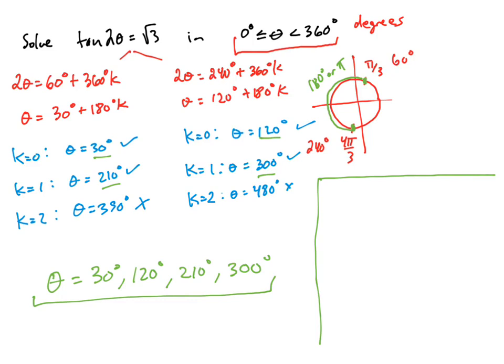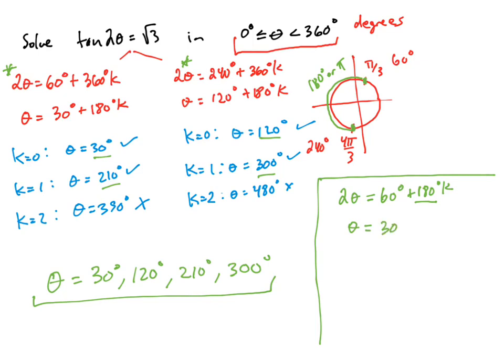So instead of branching off into 2 branches here, we can start this by just using a single branch. If I said 2 theta is equal to 60 degrees plus 180 degrees k, because the solutions are always 180 degrees apart from each other. Now this is different than sine and cosine, where they're not always exactly opposite in the circle.